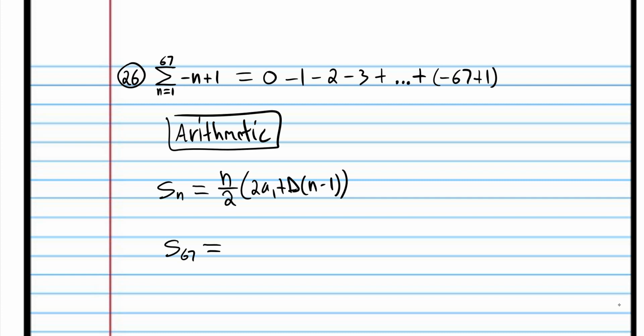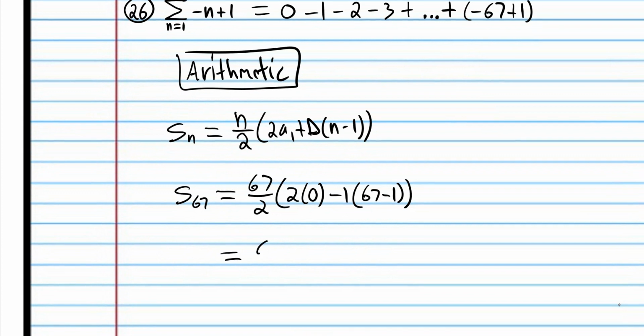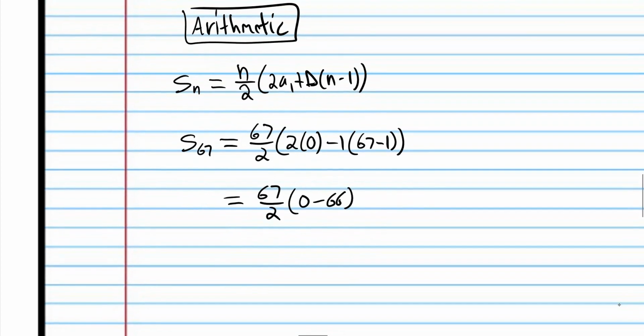So we're adding 67 terms, and the first term is 0. So plug in 0 there, and then the common difference is -1. So we have 67 over 2 times 0 minus 66. Sorry.